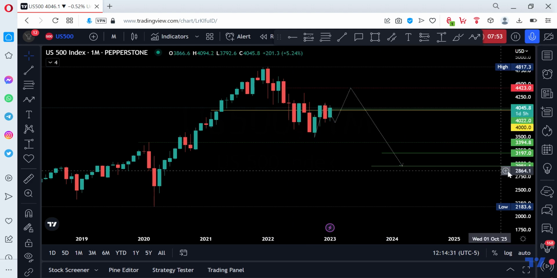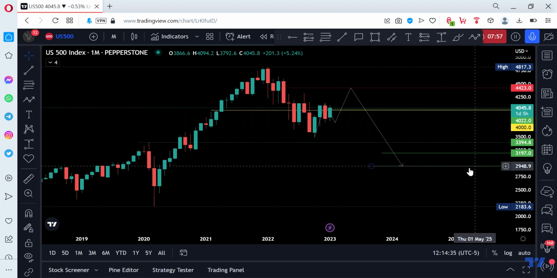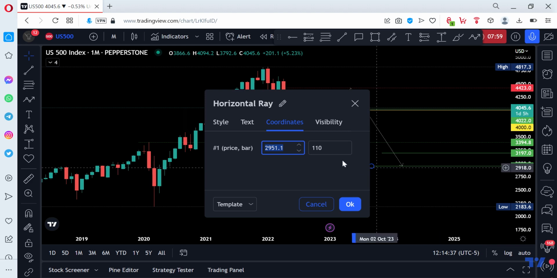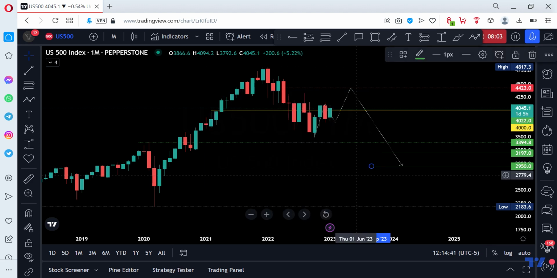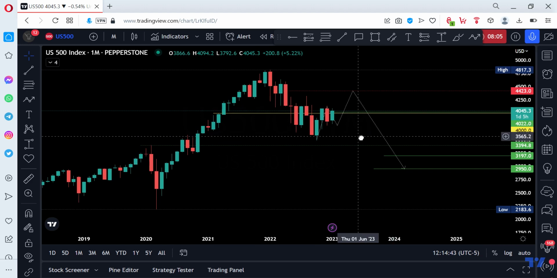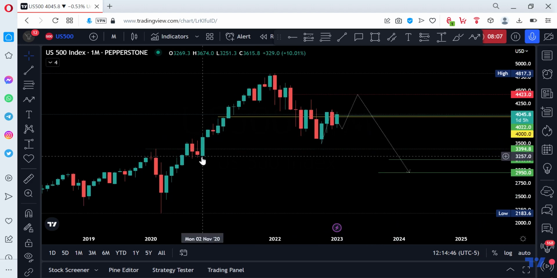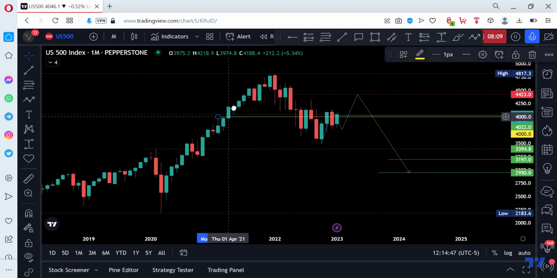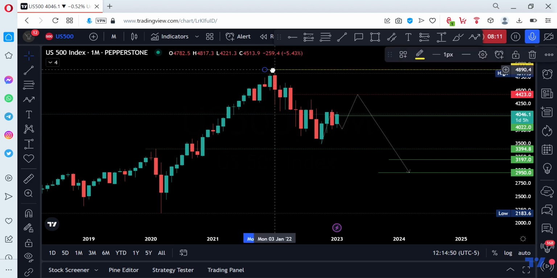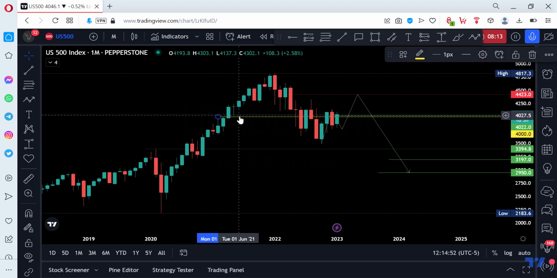Okay, so why I have this number here, 2,950. Let's put 50, so it's a bit like a round number. As I mentioned before, the market has made a measured move based on this 4,000 number, which is a round number.